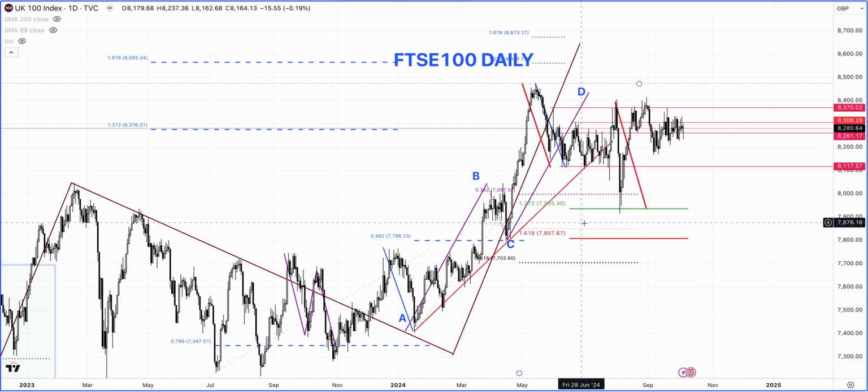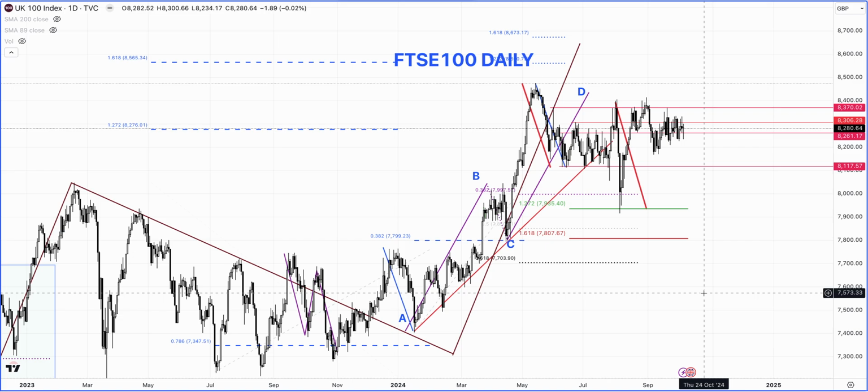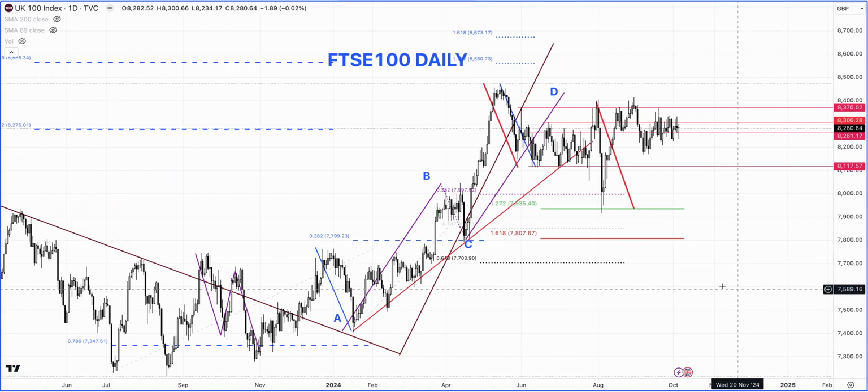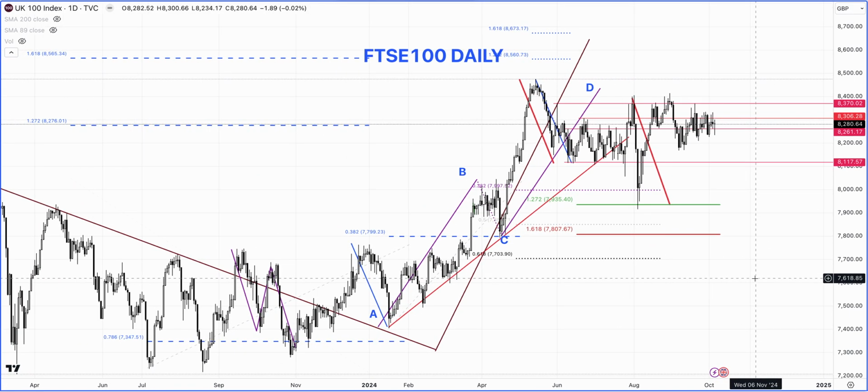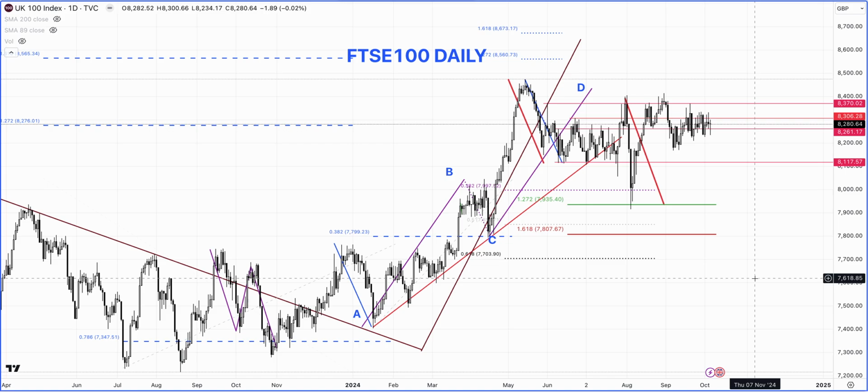You can see that after forming this bottom on the 5th of August, it has just gone nowhere. It's in a really frustrating trading range behavior in this UK market. One thing could be that the British pound has been pretty strong. Also, if you look inside the FTSE 100, there are a lot of miners in it.